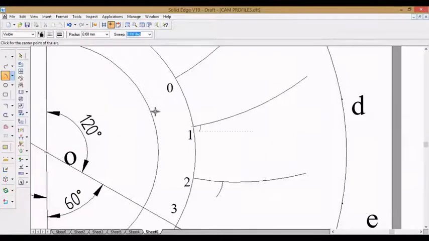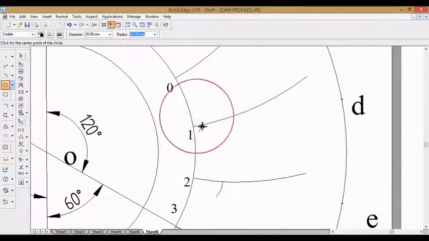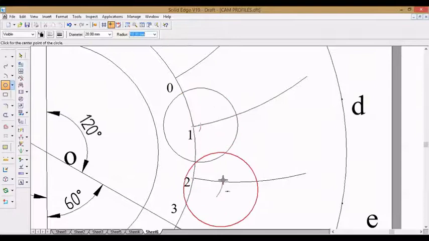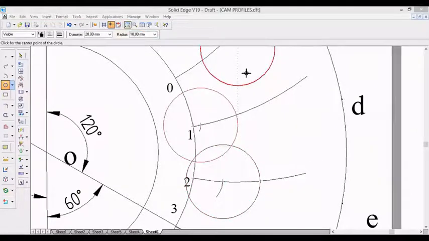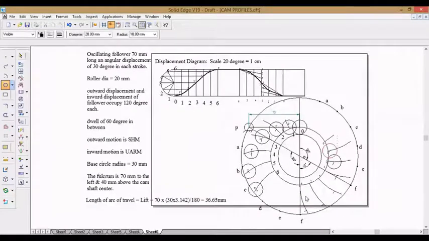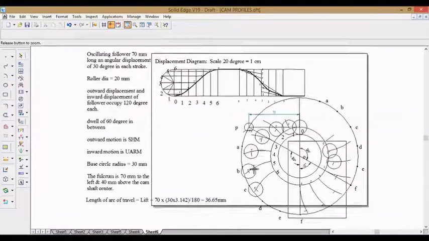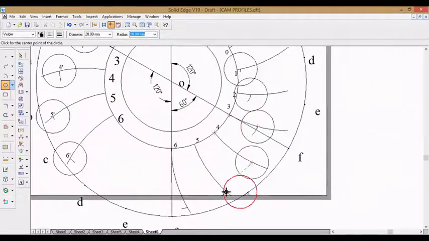Okay, so at every point we need to draw a circle now. So take a circle, diameter 20, from this end point, this end point. At every place you draw this circle.